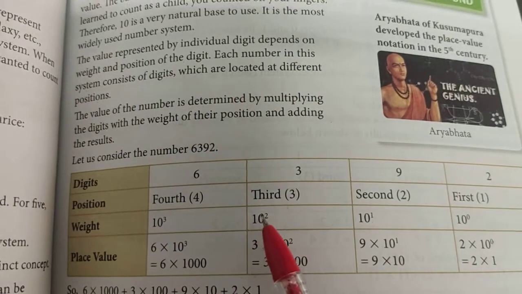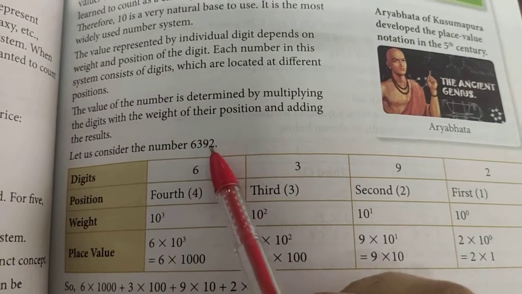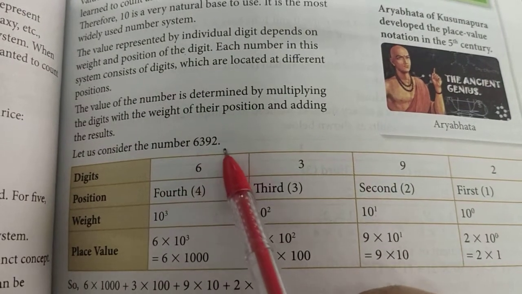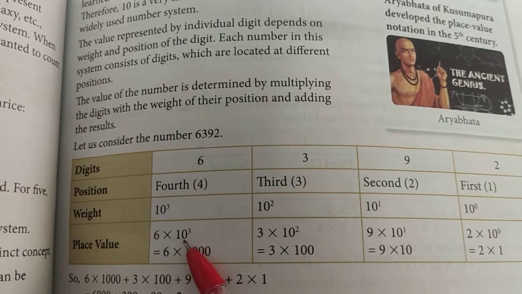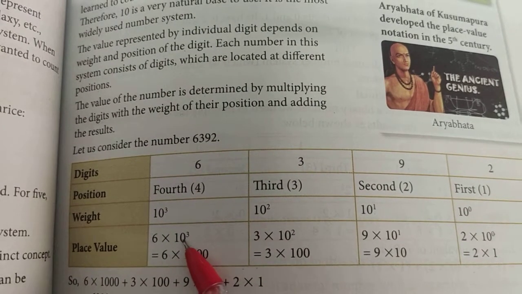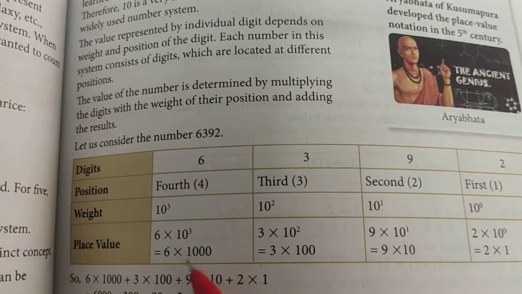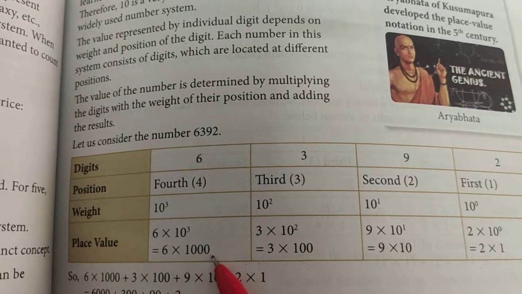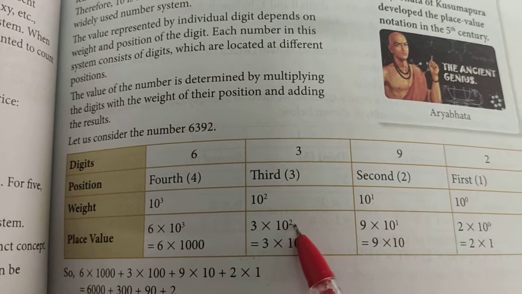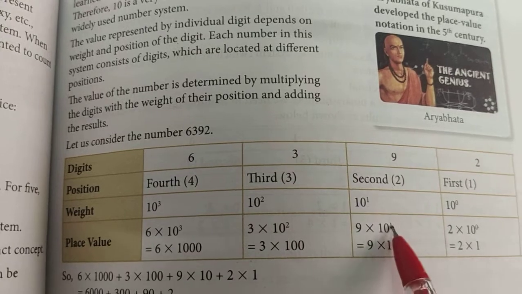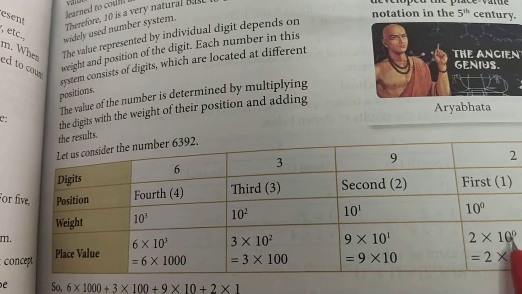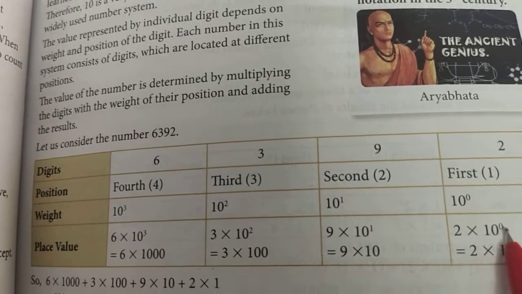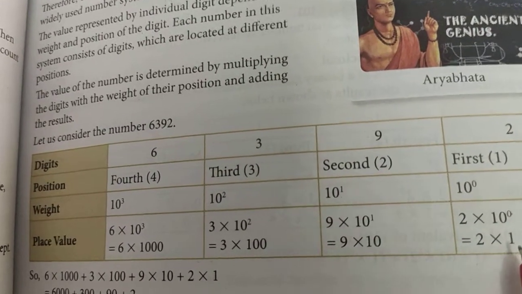Students, always remember, we always start from the right side, not from the left. In this, 6 into 10 to the power 3, so we will write 1000. Then 3 into 10 to the power 2 is 100, and so on. And always remember, whenever the power of any number is 0, it always comes as 1.